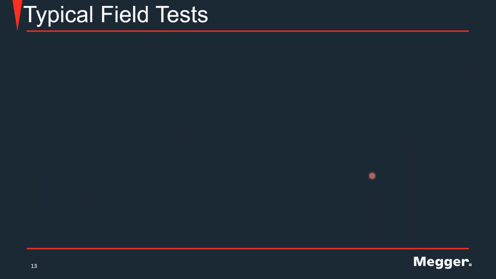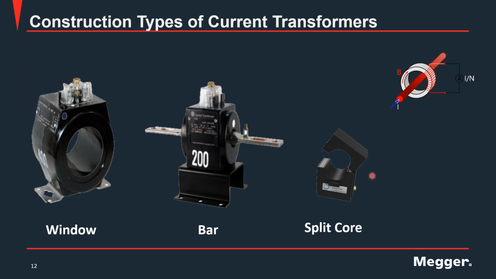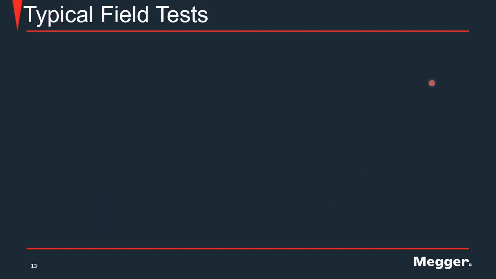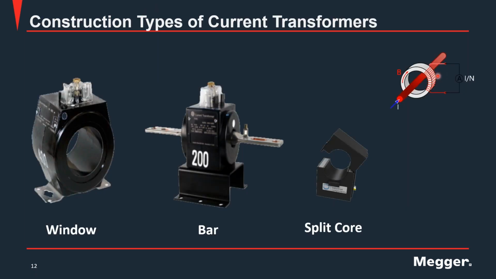Now, the typical field tests that you do on a current transformer depend on what the current transformer is. Well, the current transformer, as we saw on a previous slide, is a device that has a winding, and the winding is made of copper, and therefore has some resistance that you have to measure.